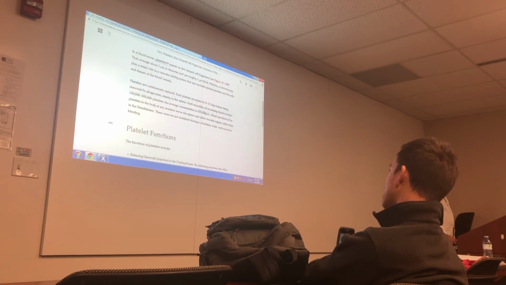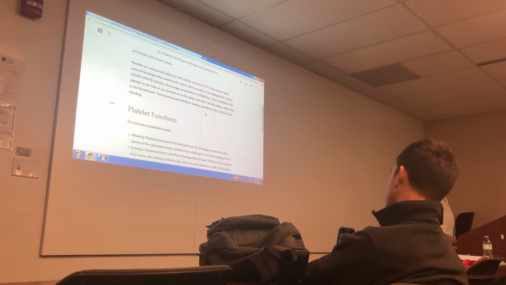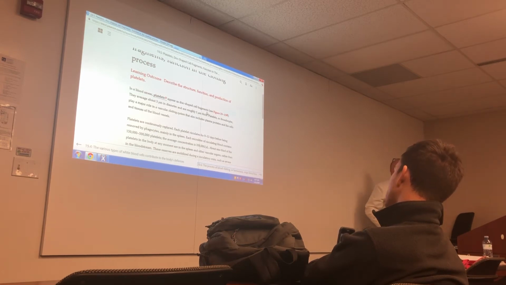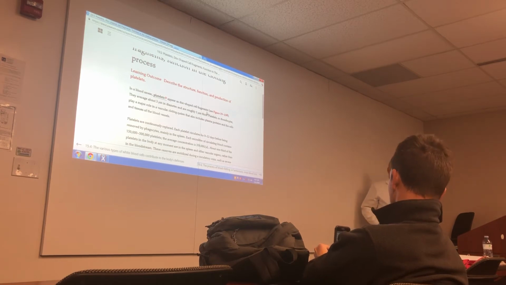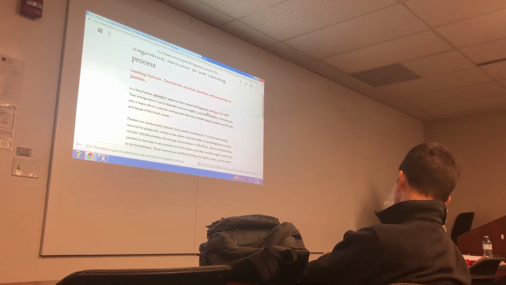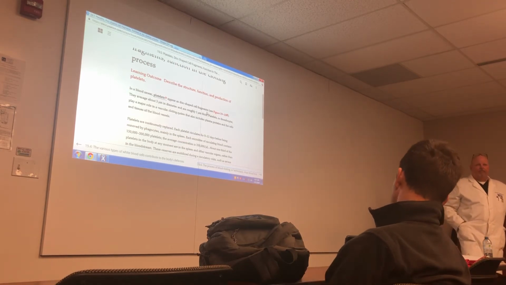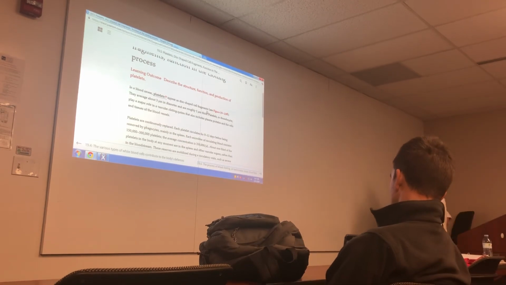Okay, so platelets are there for the clotting process. Platelets are also known as what? Thrombocytes. Reduction in thrombocytes, or lack of clotting, is thrombocytopenia, right? Penia, lack of.